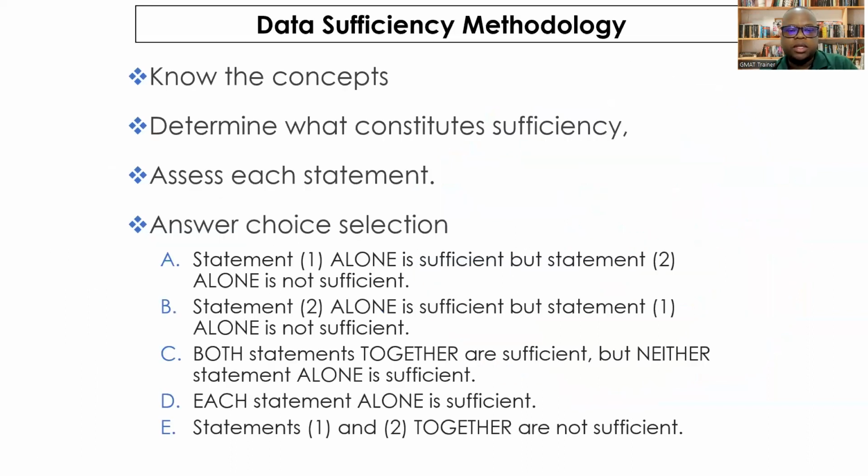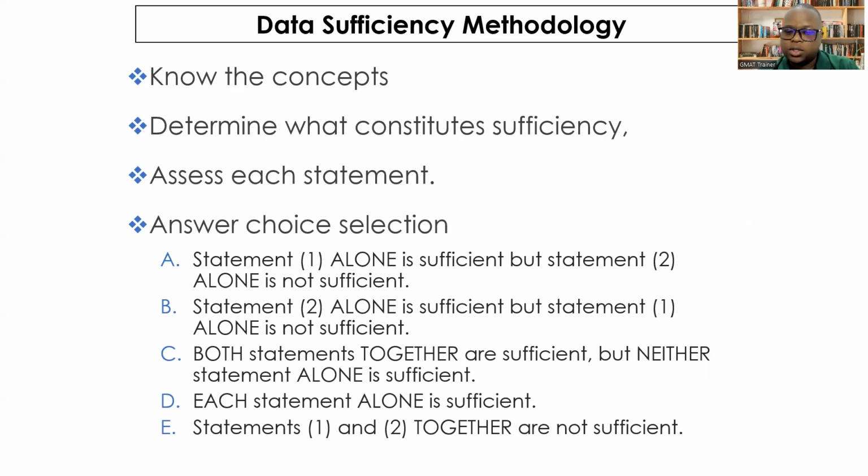First and foremost, in any data sufficiency question, you need to be very conversant with the concepts. Once you know the concepts, you need to know what constitutes sufficiency. Once you know that, you can go ahead and assess each statement, to see if they meet the criteria which needs to be put in place.